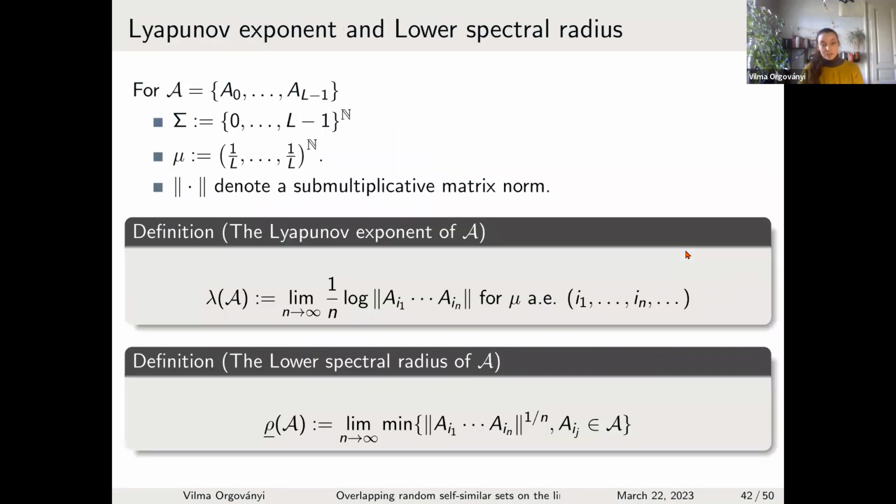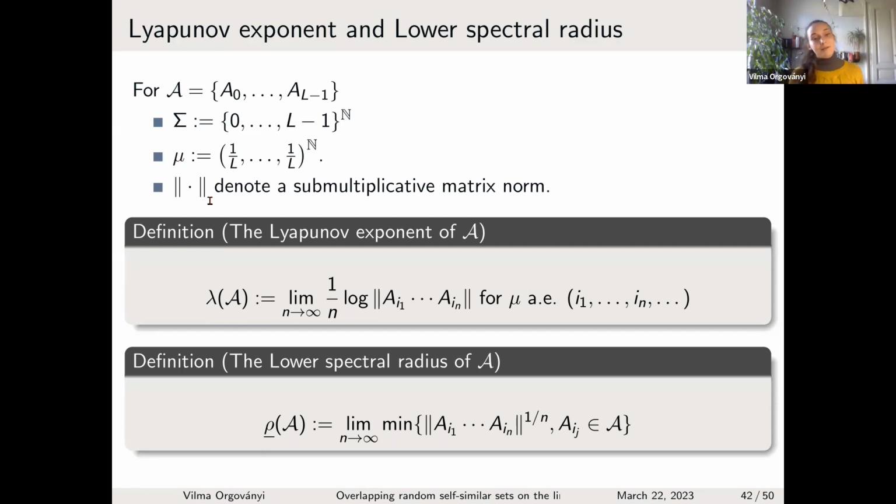And if we constructed our matrices for our IFS, then there are 2 important notions, which are the Lyapunov exponent and the lower spectral radius. So for this set of matrices which contains A_0 to A_{L-1}, we consider the set of infinite words from these indices 0 to L-1, and consider the uniform measure on it, mu.